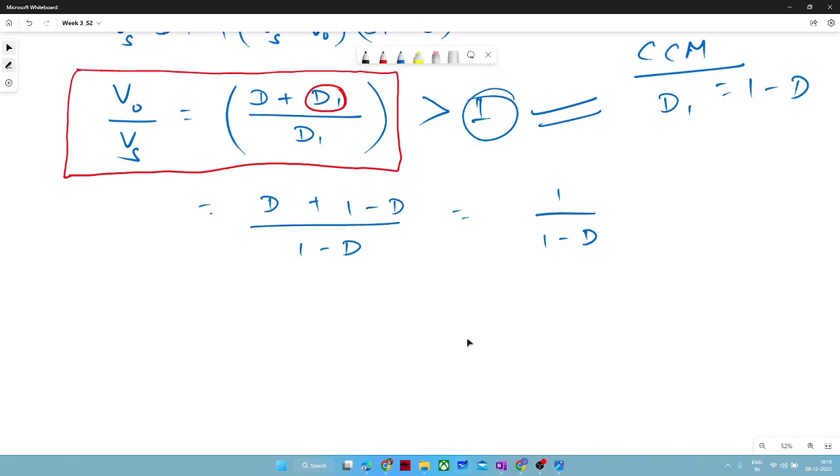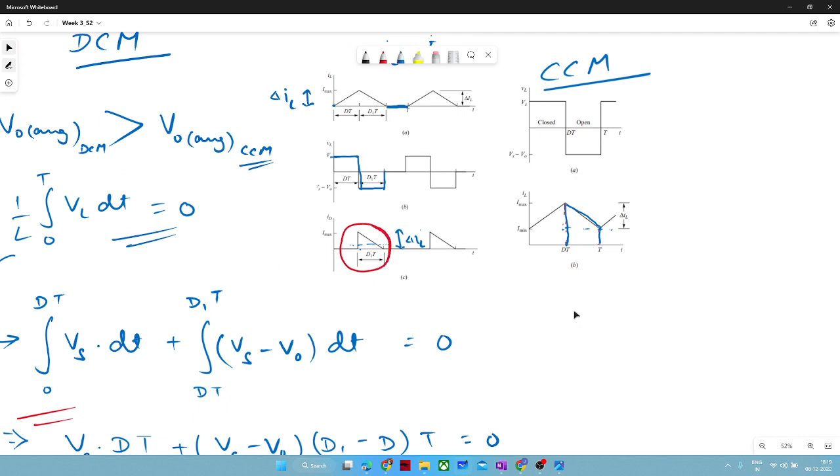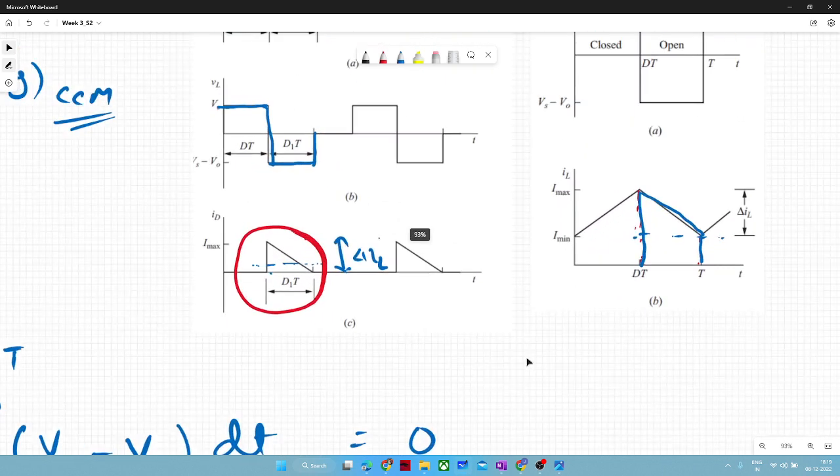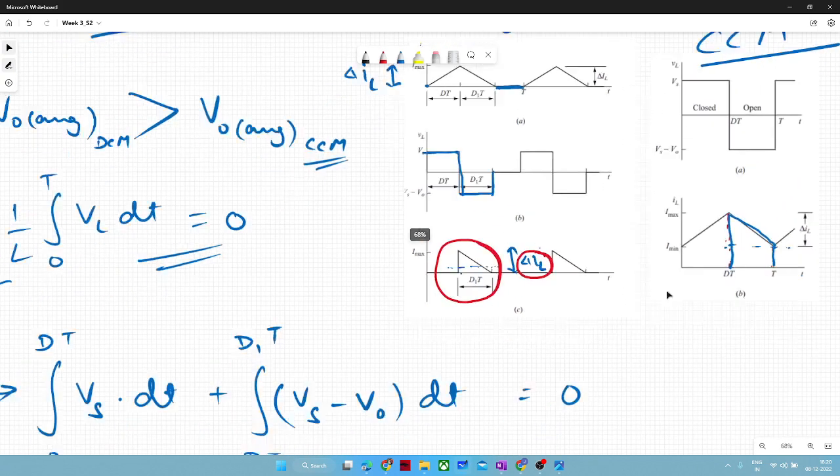D1 is the period when our inductor is getting discharged. Let me zoom in. This is the period of D1 we are talking about. So we must talk about the diode current and this ripple current, and we will do the same.